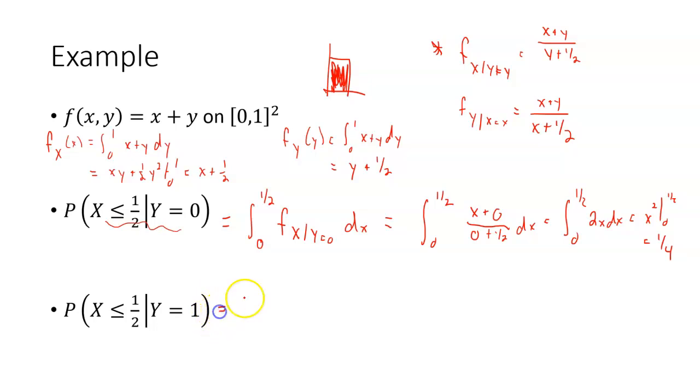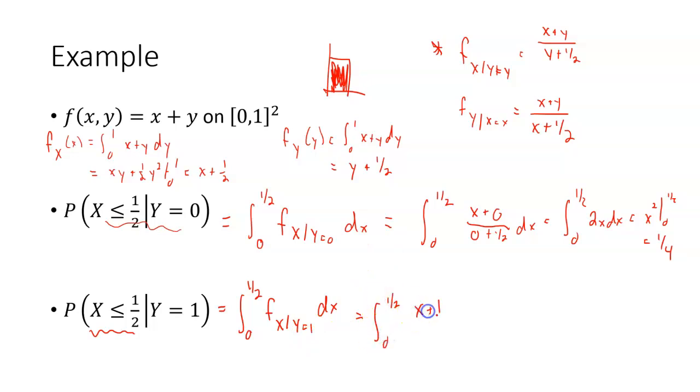All right, for the second one, we're still integrating x from 0 to 1 half because I want x up to 1 half. I still know something about y, so I'm still looking at the conditional distribution of x given y. But instead of 0, y is now 1.